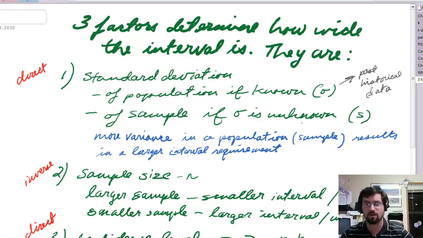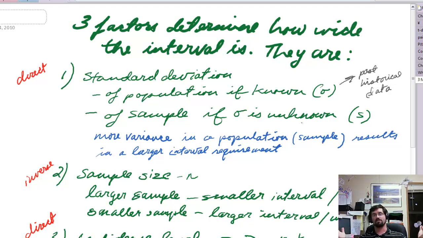So let me talk about this. The bigger sigma or S is, the more variance there is in the population. So think about it. If there's a lot of variance in the population, will I need to have a smaller interval or a larger interval? Okay, think about it. I'm sampling from a population that has a lot of variance.